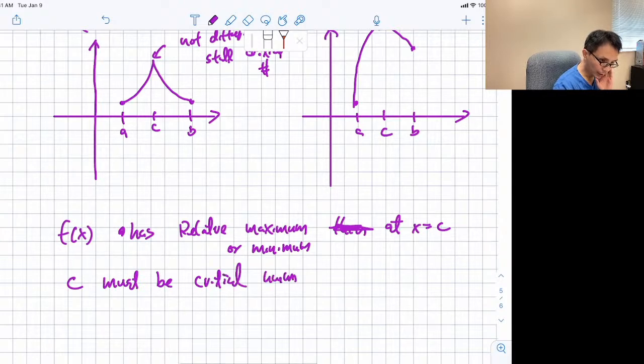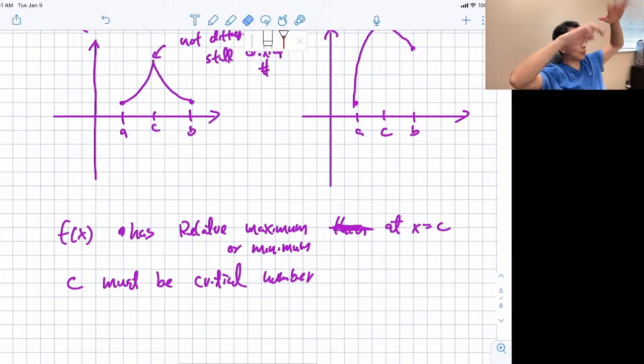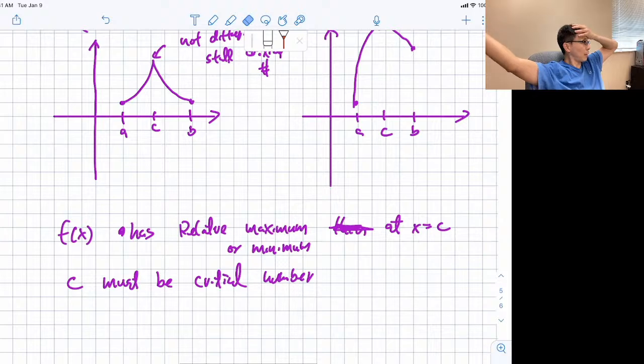It has to be. There is no other way around. It must be, because if I have a peak, that means there's two types of peak. One is a cusp. Guess what? You have a relative maximum. The other one is a normal peak, then you have a relative maximum. So at that peak, it could be a critical number. It has to be critical numbers.